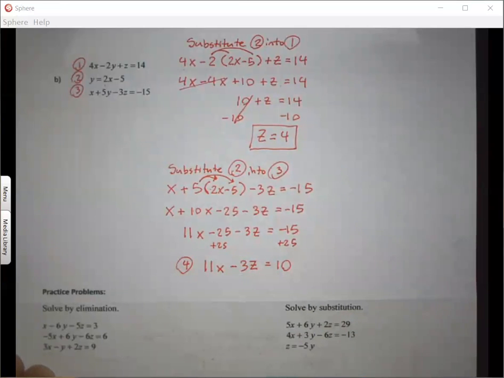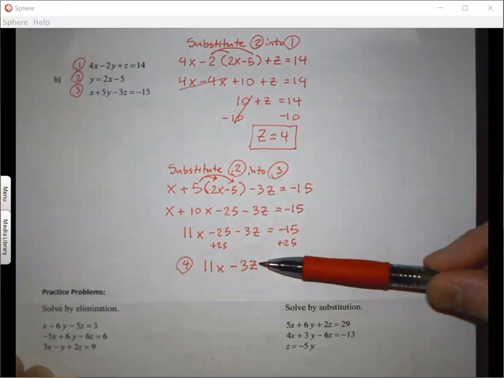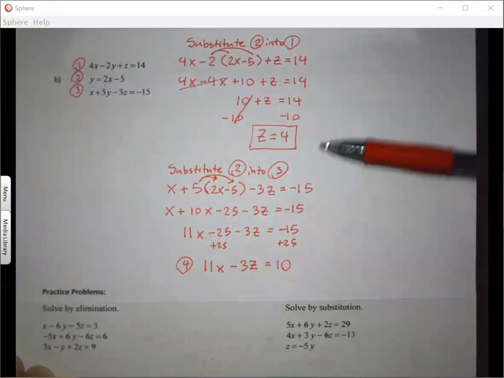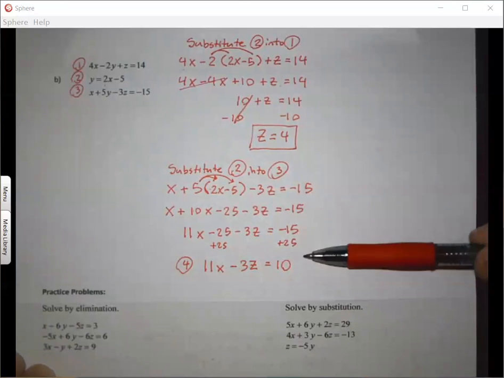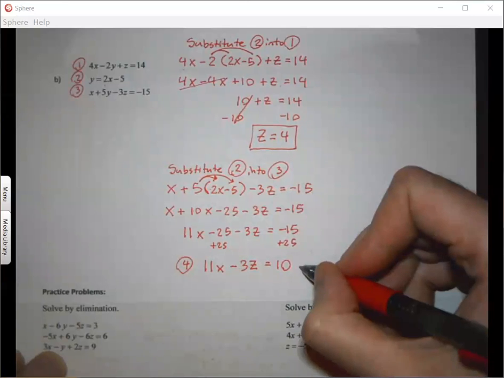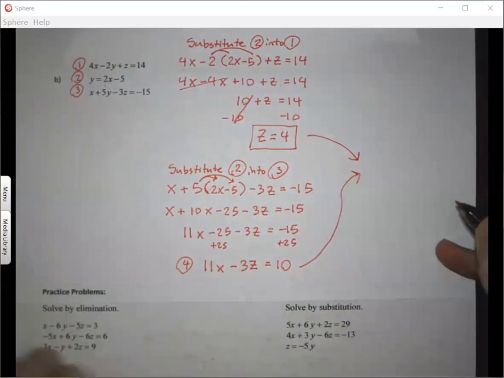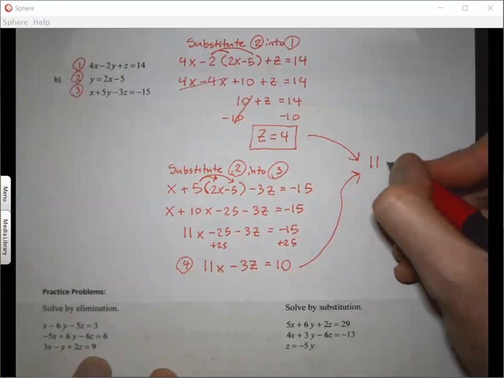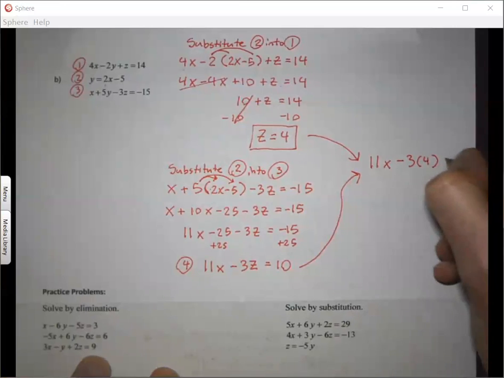Now it worked out nicely. I ended up with an equation with two variables, x and z, for my second step. In my first step, I found out what z was. So I can combine these two. I'm going to take this and plug in z. So I have 11x minus 3 times z equals 10.